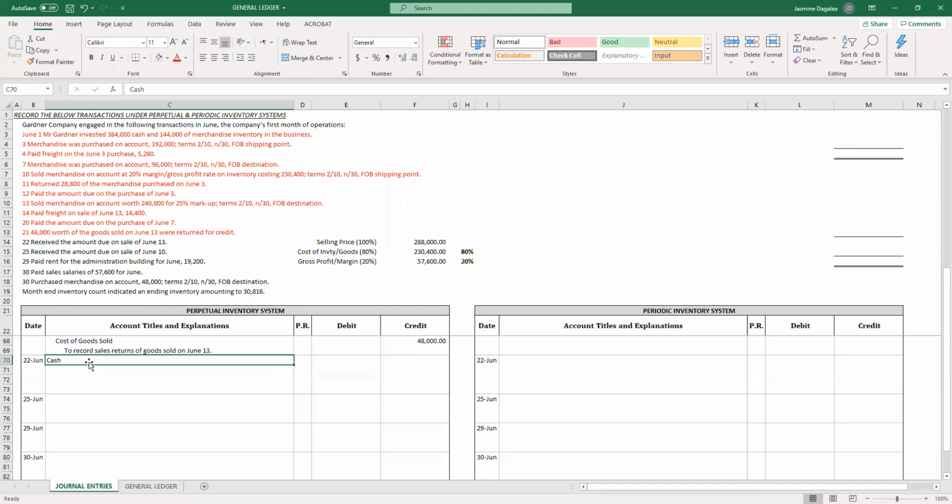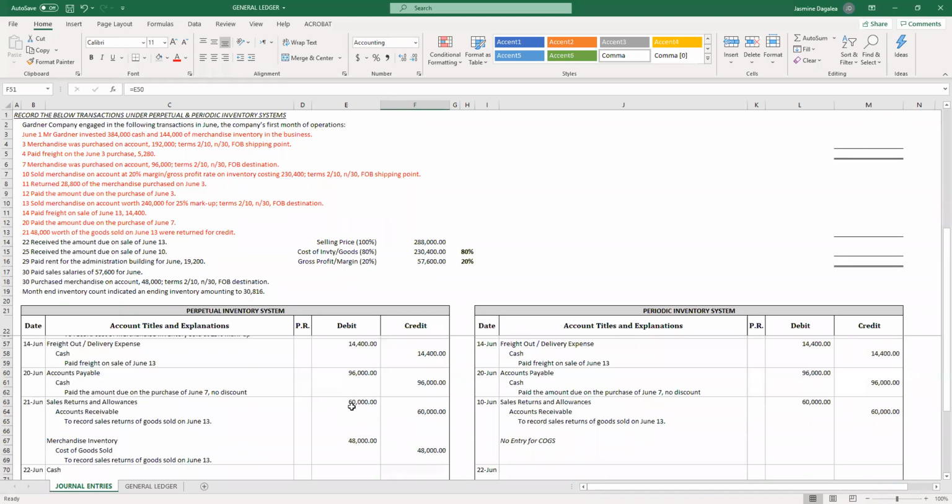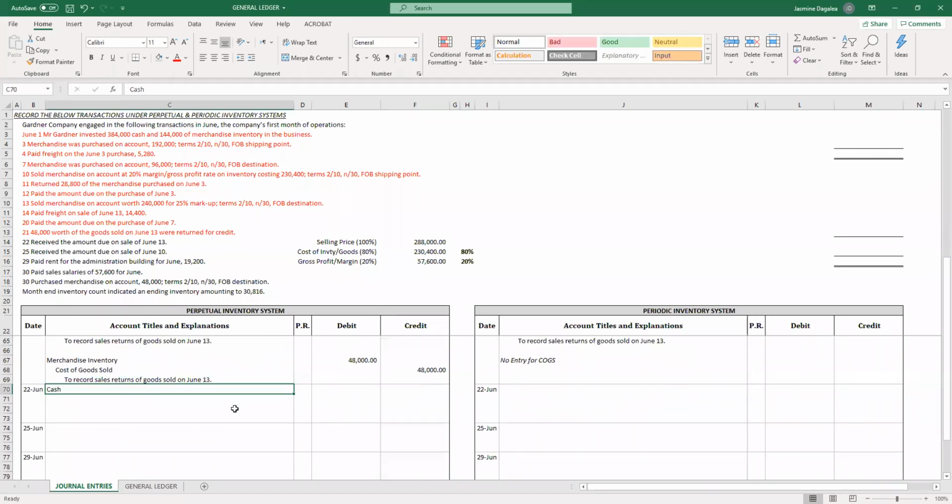Remember yung entry nyo ng June 13 is debit accounts receivable, 300,000, credit sales revenue, 300,000. So, binayaran na daw kayo.